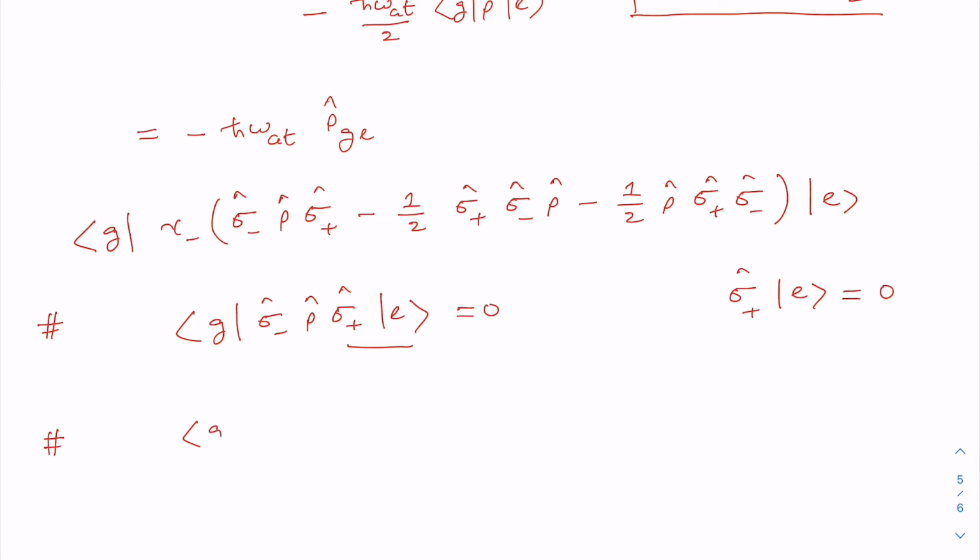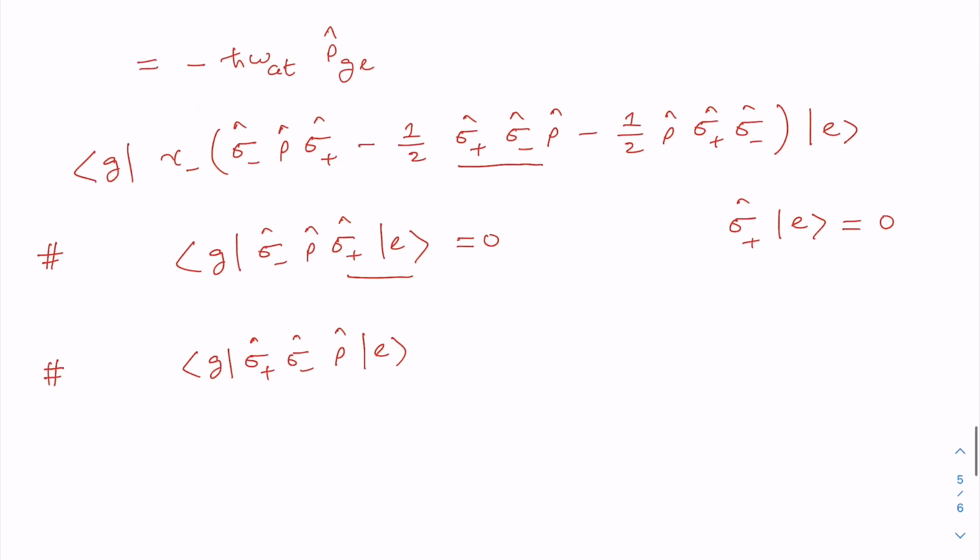We have Z sigma plus sigma minus rho E. Here again, when sigma plus operates on the ground state, effectively it's going to give me 0, because it is operating on the bra.